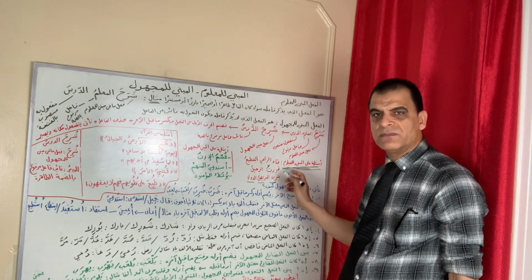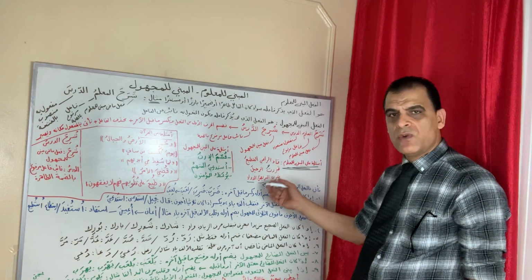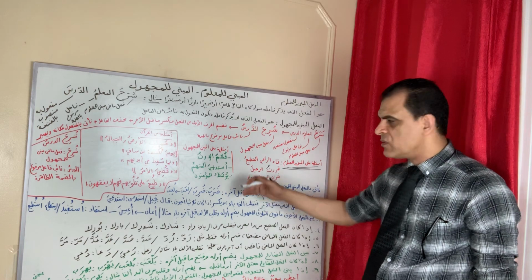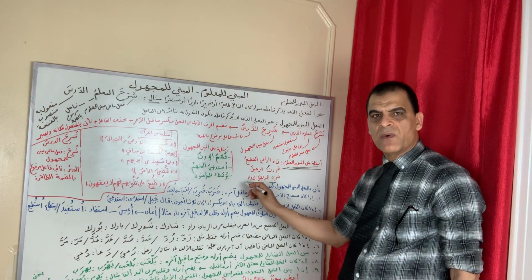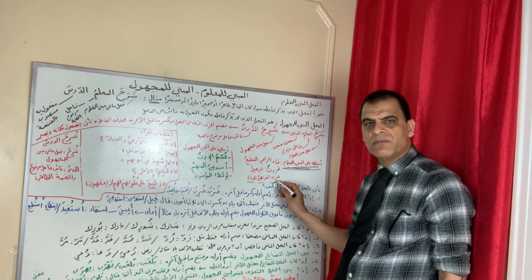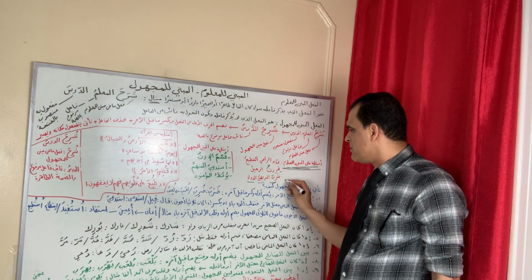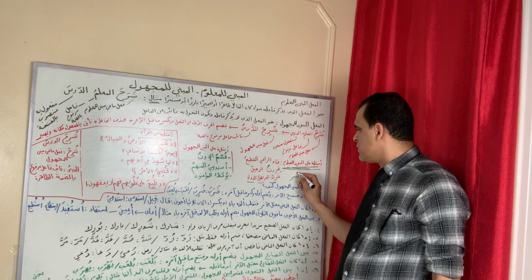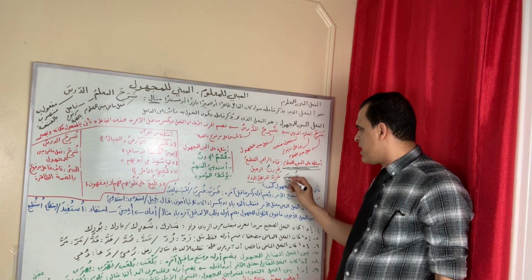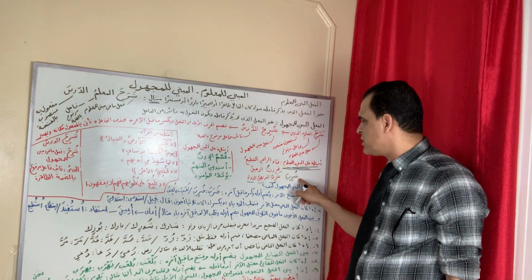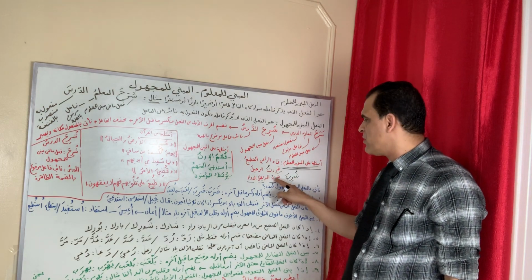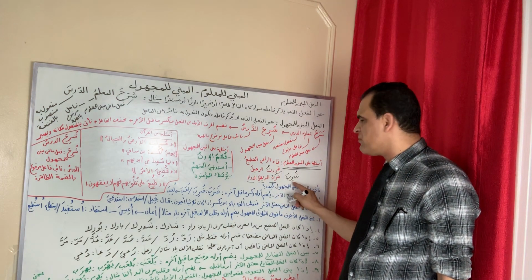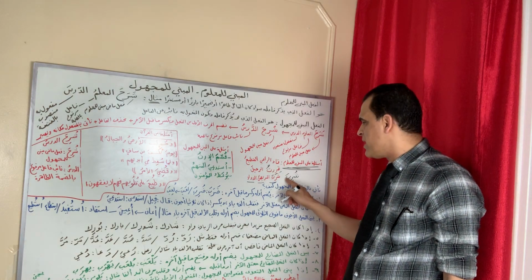Active sentence. If we want to switch this sentence to passive, شرب المريض الدواء, number one, شَرِب becomes شُرِب. We change the vowel from شين فتحة to شين ضمة شُ, and راء فتحة before becomes راء كسرة رِ: شُرِب.